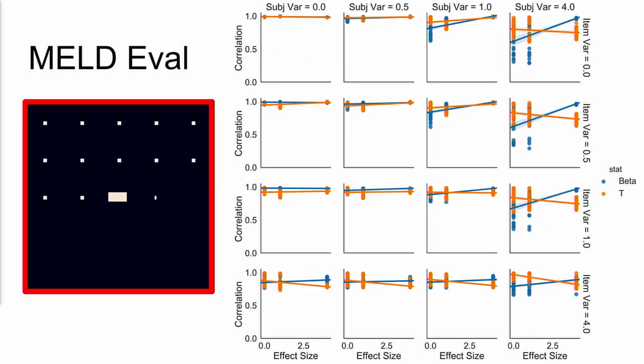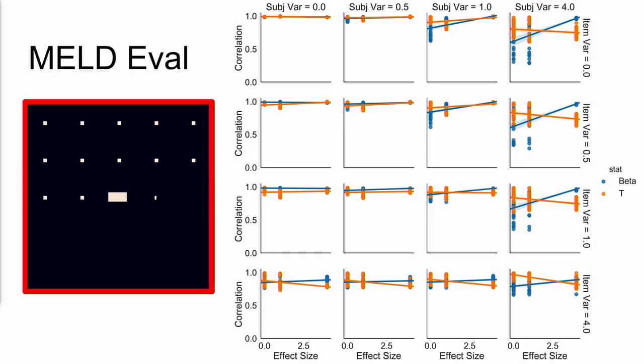at a voxel level? And so these are the correlations for this whole field of simulated data. And these are quite high. Most of this data is noise. Most of the data in a neural analysis is noise. So this is looking at what you would get overall. And both the betas and the t-values are going to give you really high correlation between MELD and LME4, unless you've got just ridiculous amounts of subject level variance.